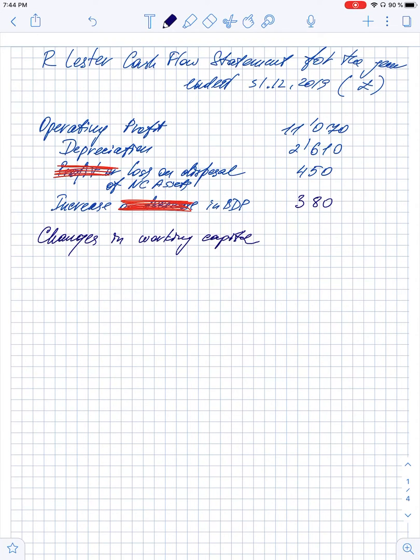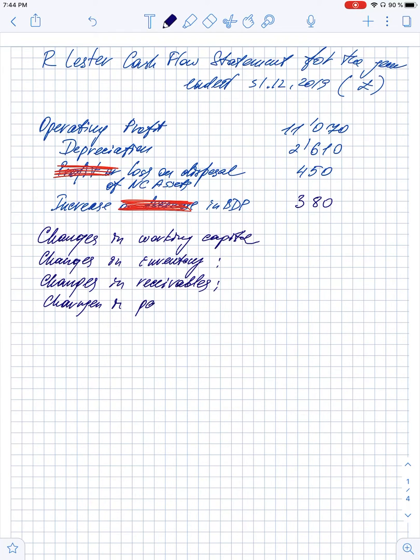So within current assets, we are interested in changes in inventory or stock, and changes in accounts receivable. In current liabilities, we're interested in changes in trade payables or payables. So we have to consider changes in payables, current liabilities.